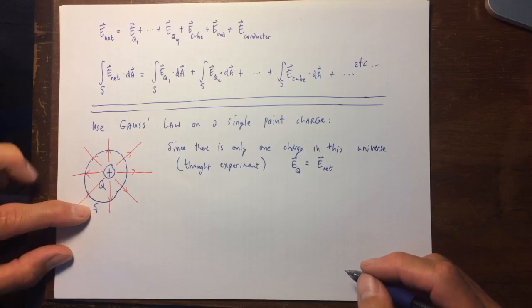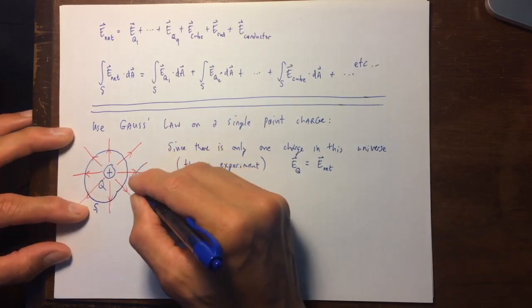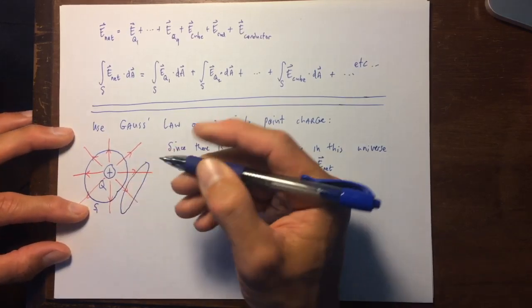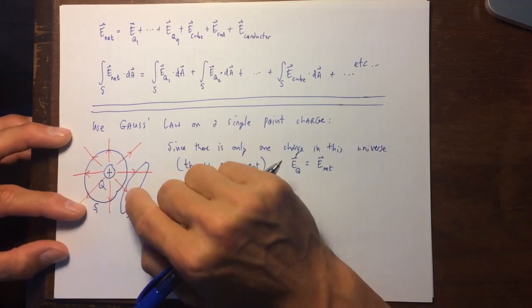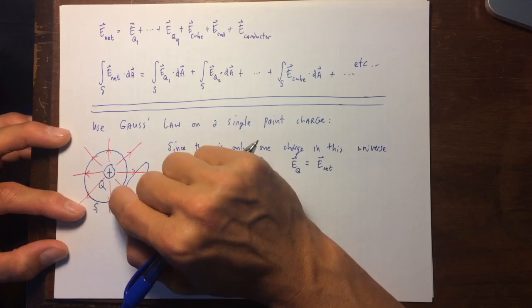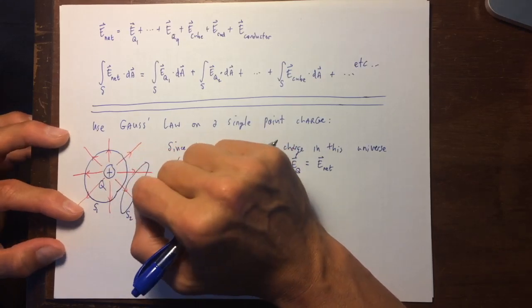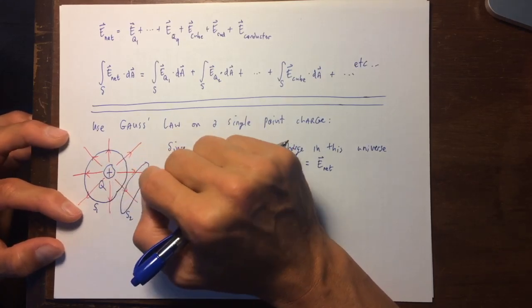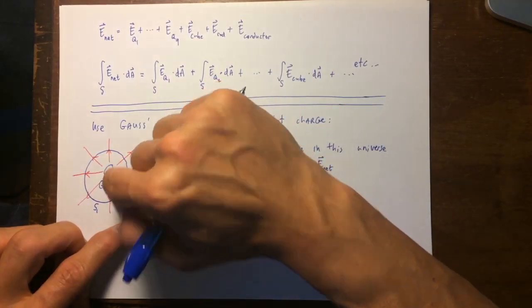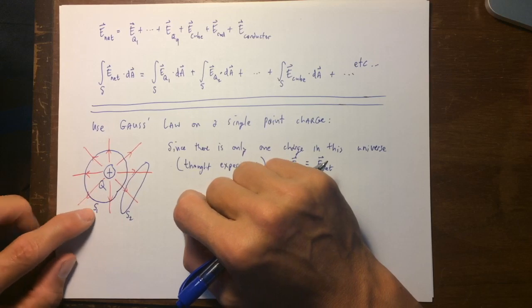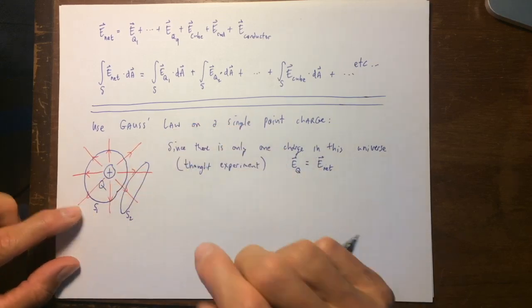Here's a surface S1, and here is a closed surface S2, right? It's not important that S2 is not overlapping with S1. It doesn't really matter. I could have drawn S2 to overlap with S1. But in particular, I really wanted S2 not to include the charge and S1 to include the charge.